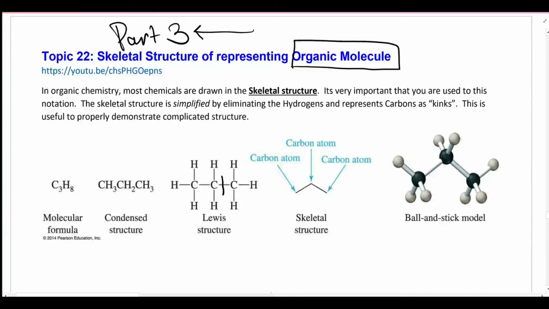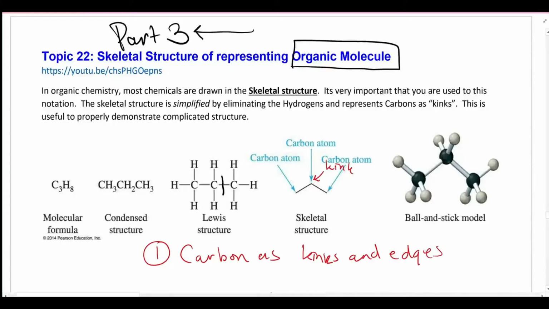To draw the skeletal structure is actually fairly straightforward. There are several rules. The first one is you represent carbon as kinks and edges. So for example, this is what I meant by kink, and this is what I meant by edge.